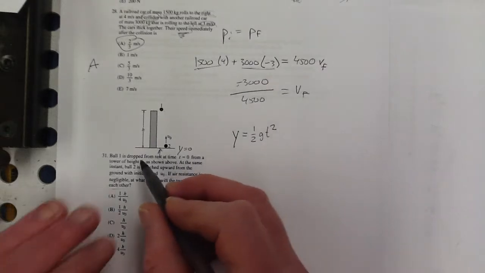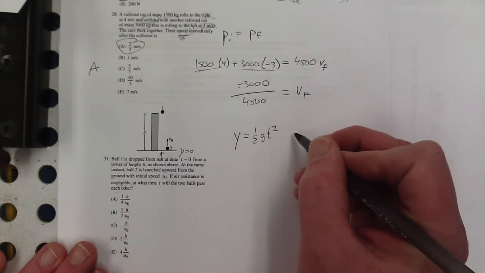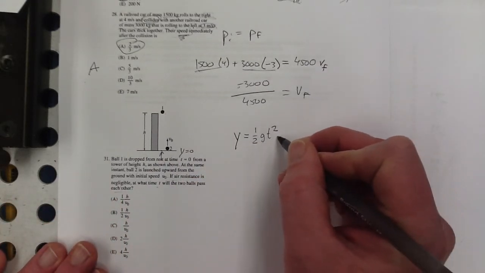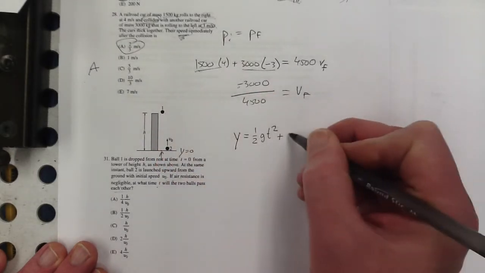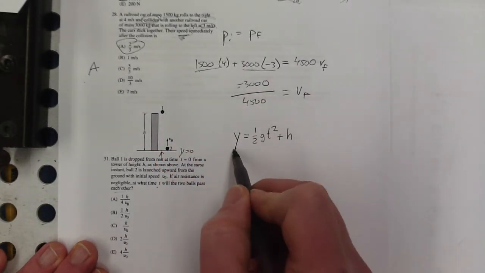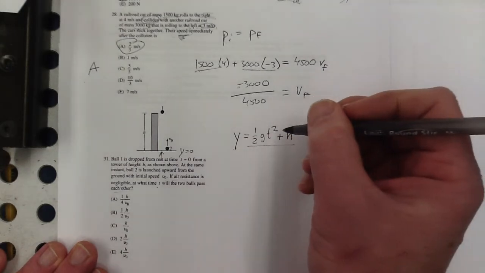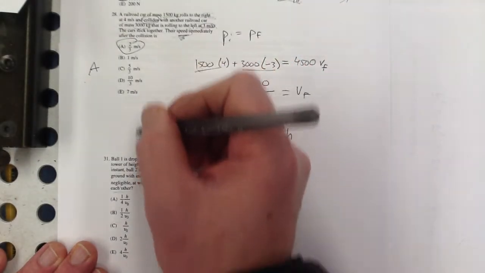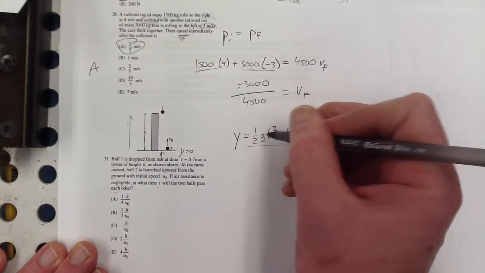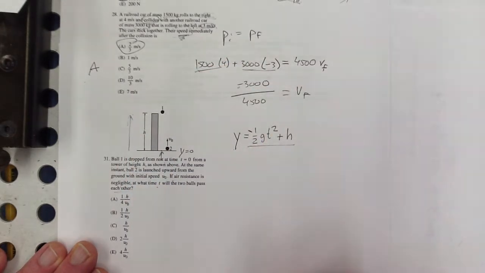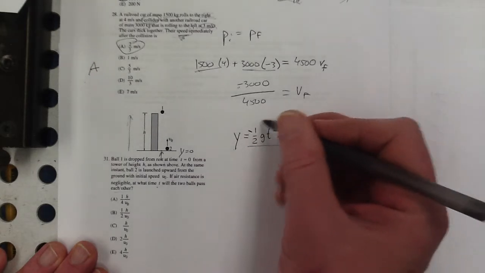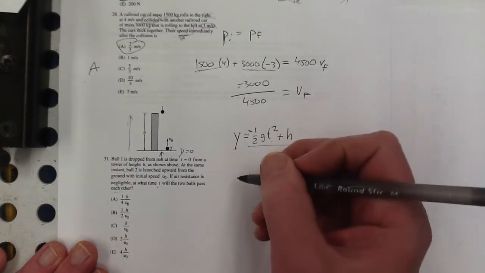Now this ball is dropped from rest, so its initial velocity is 0, and its initial height is h. So its position as a function of time is this. If we take up to be the positive direction, then that acceleration would be negative, so the position would be decreasing as time ticks by.